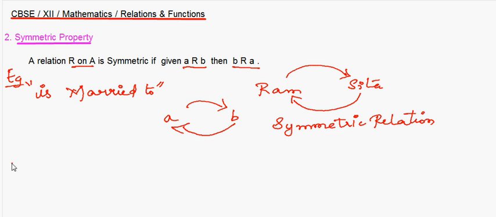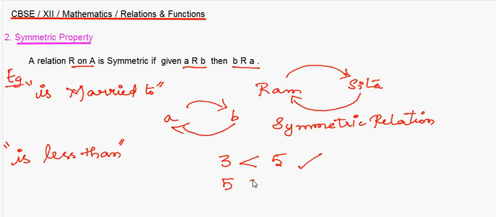If I take another relation, "is less than", say 3 is less than 5, yes, true. But if I say 5 is less than 3, no, this doesn't hold good.